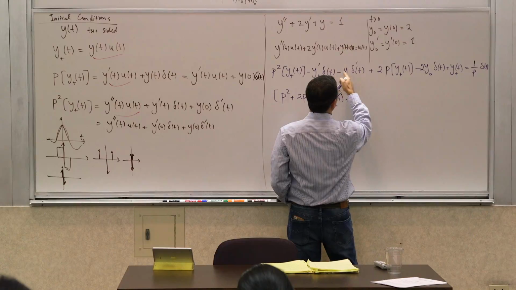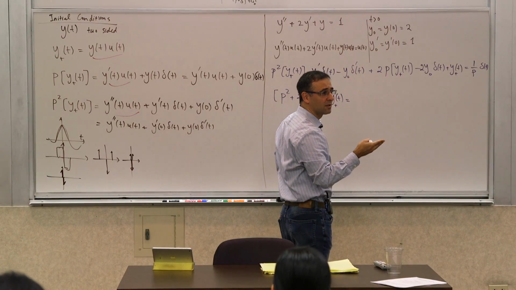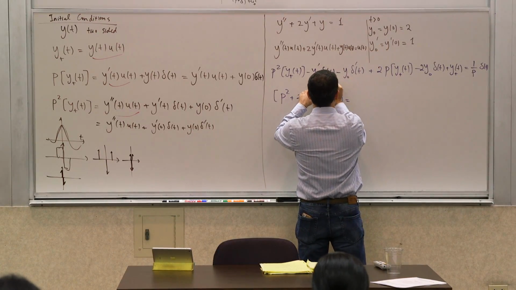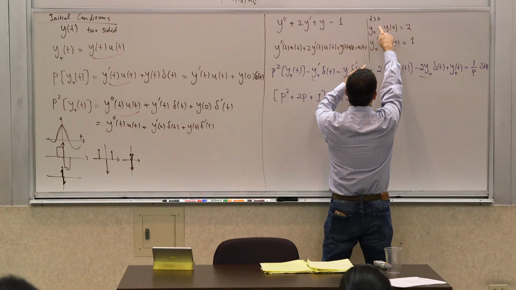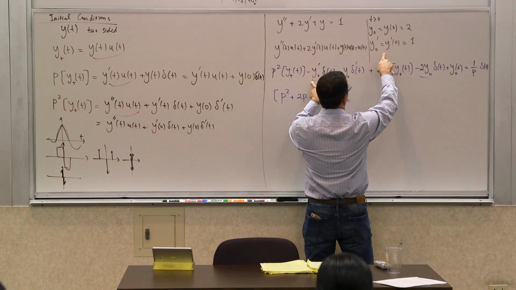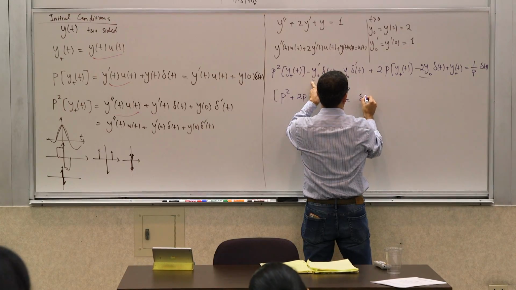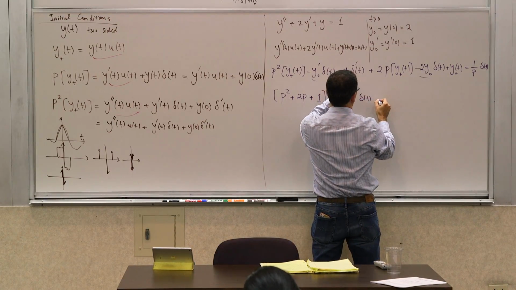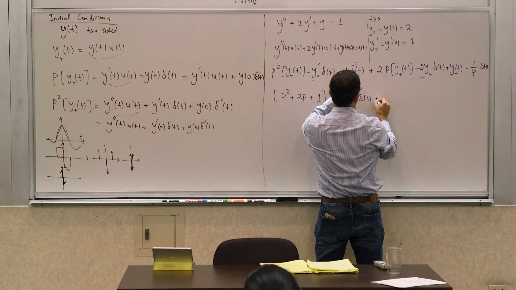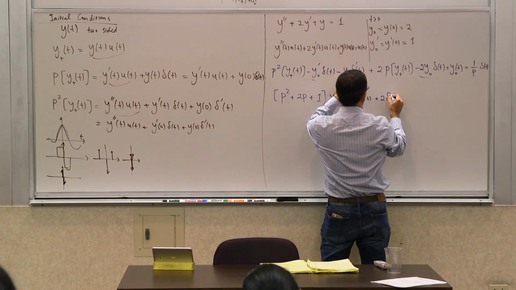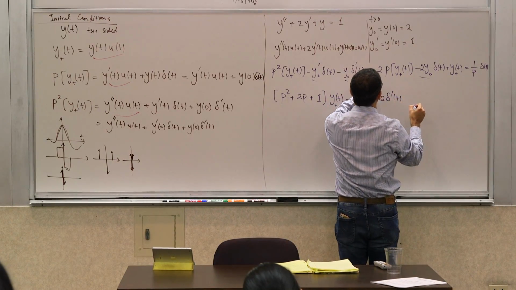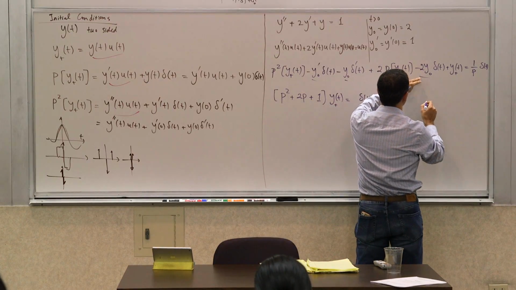So I get, and I can actually even plug these numbers in, because now I know what these initial conditions are. These are initial conditions that I already have. So what is y prime? This is 1, so I get a delta of t from this. I get 2 delta prime of t here. Check my math, make sure I don't make a mistake.